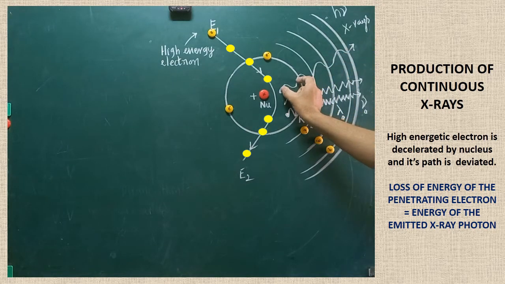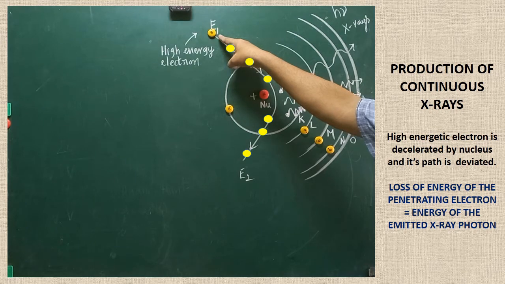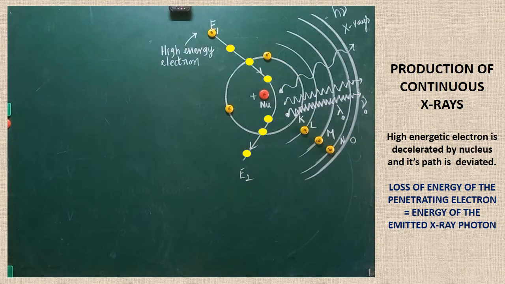The wavelength or frequency of the emitted X-ray photon depends on the energy difference between the highly energetic electron which enters the system and the electron after deceleration. Depending on the energy difference, different X-ray photons are emitted with different wavelengths. So there is a continuous emission of X-rays with different wavelengths. That's why these spectral lines are called the continuous X-ray spectrum.